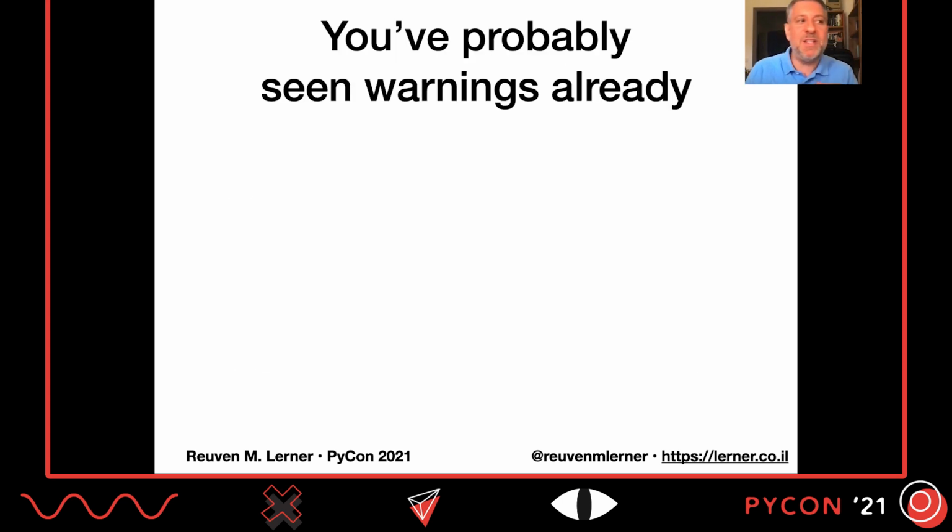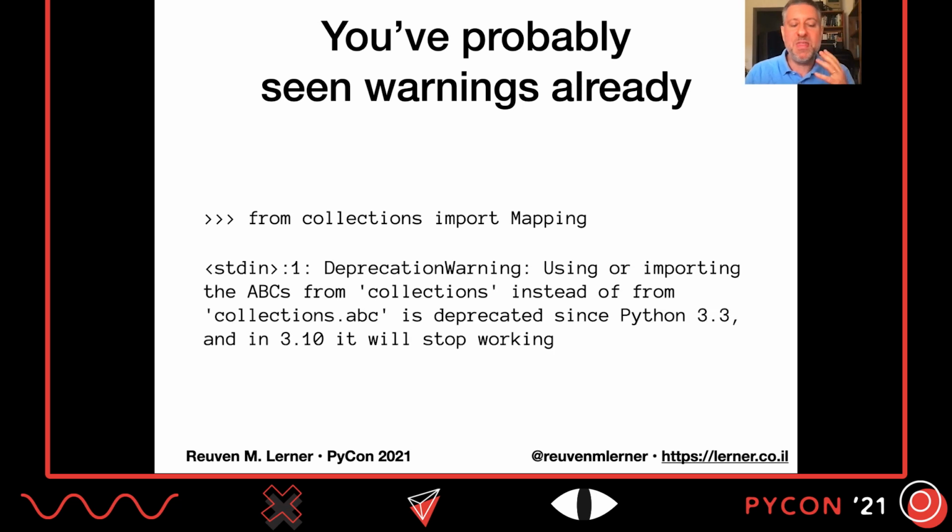Now, you've probably seen some warnings already. Here's one that's in Python 3.9, which is the latest version. If you try to import Mapping from collections, you get this message. Deprecation warning. Using or importing the ABCs from collections instead of from collections.abc is deprecated since Python 3.3. And in 3.10, it will stop working.